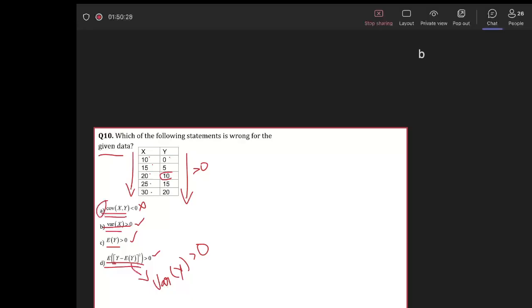This is the schedule for the TA sessions, and during these sessions we will be revising the lectures, and we will be solving the problems that are given at the end of each lecture. After that we will solve some additional problems as well, so that it will help you to solve the assignment problems and get more clarity on the concepts. That is the main purpose of the session.